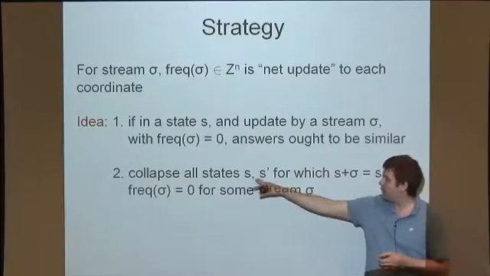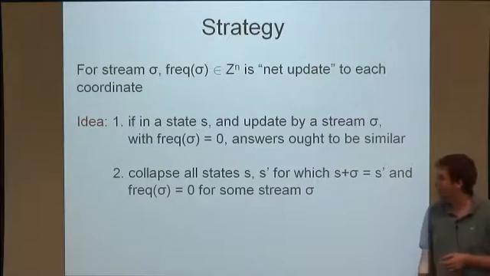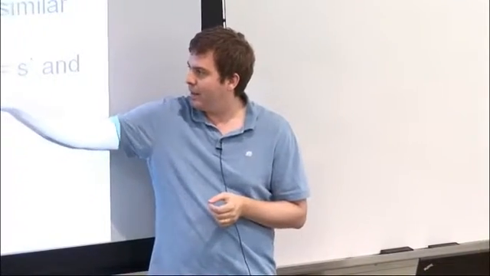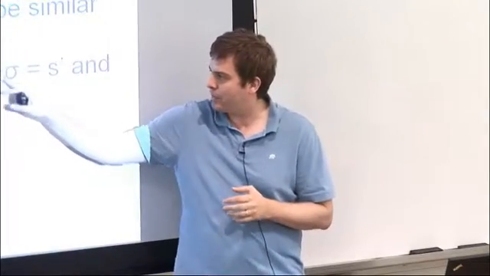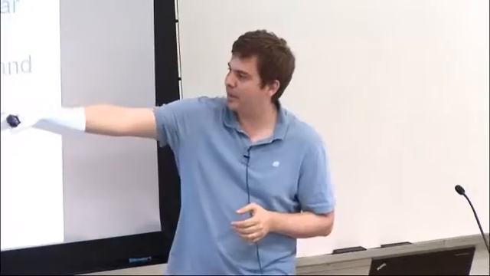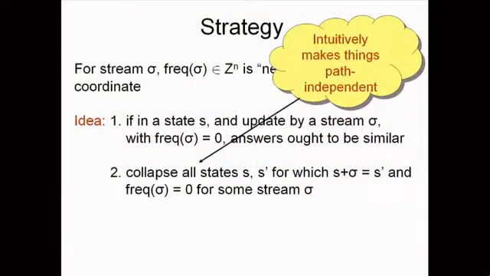So maybe we can collapse all states S and S prime in the automaton for which, with some abusive notation, I start at state S, execute the stream of updates in sigma and get to S prime, and sigma has 0 frequency. So this is intuitively making things path independent.